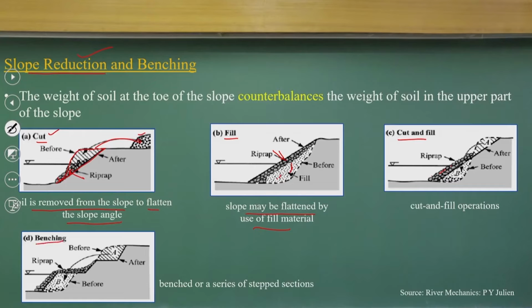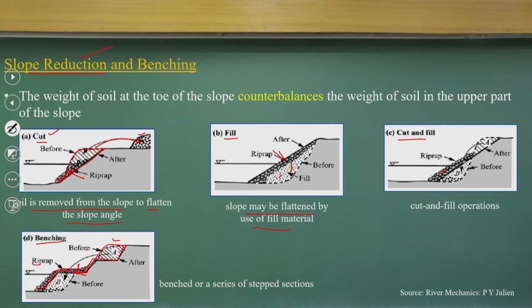Or you can have a benching process. If the river is very wide or the depth of the flow is much larger, you cannot do cut and fill alone, so you can have benching. The bench will be there, with the cut and fill before and after. After that, the final shape of the river will come like this. This is the before, and you are making this after concept like this.